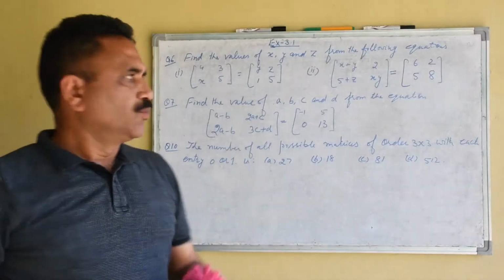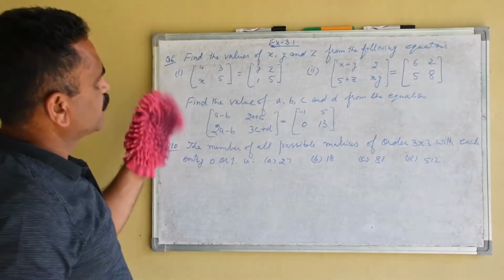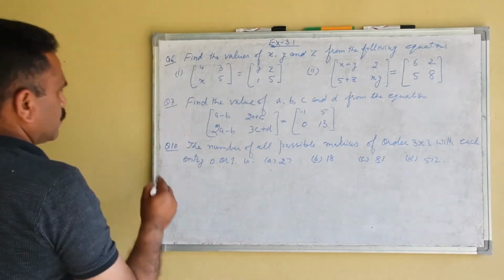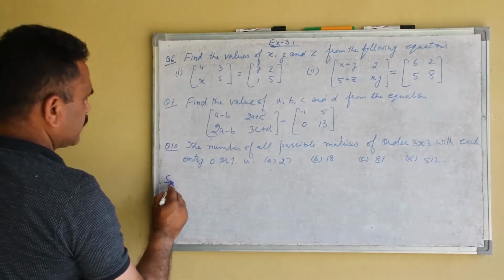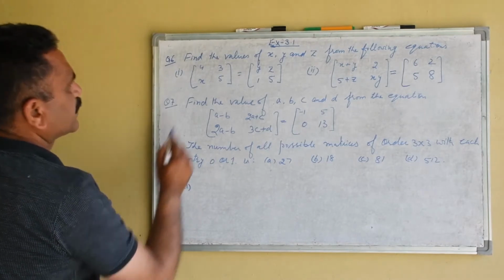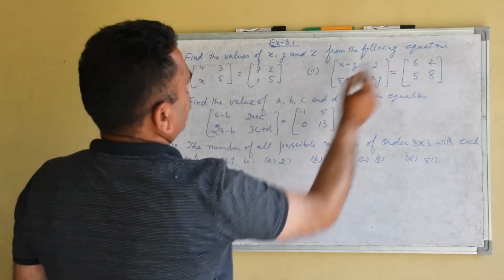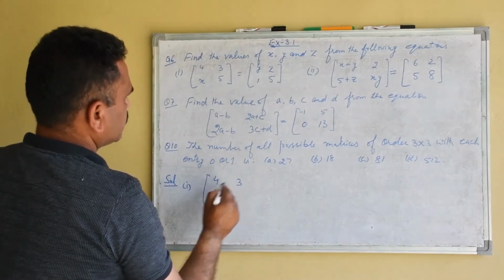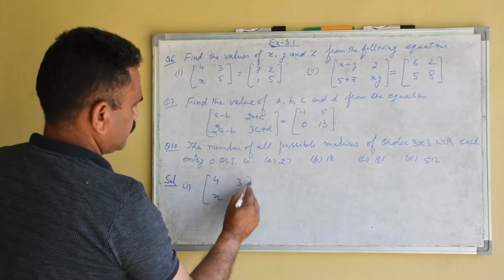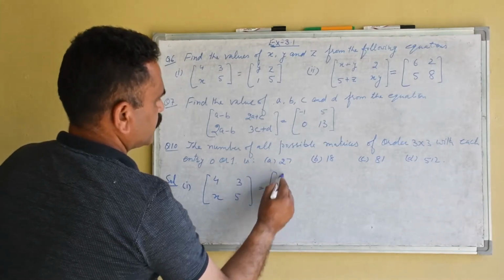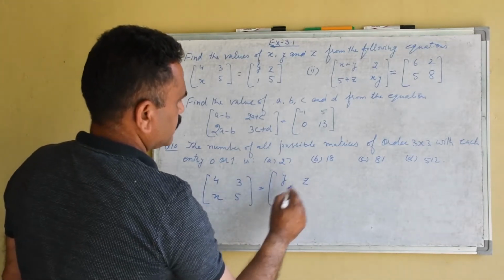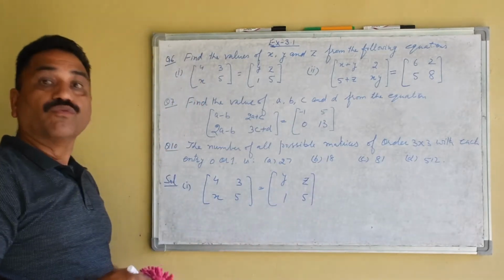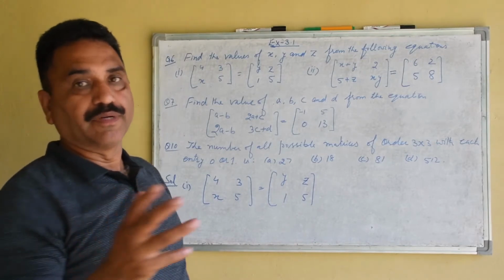Well, we will do some problems based on the concept of equality of matrices. So this is question number 6, solution of first part. Find the value of x, y, z from the following equations. What are equations? Equation means it is an algebraic expression which is having two sides and is true for particular values.